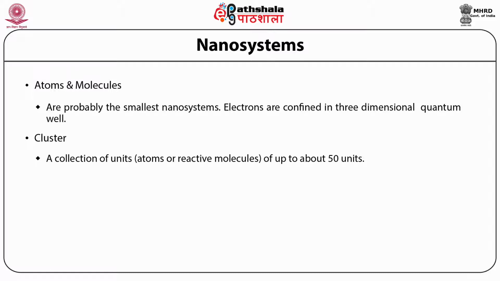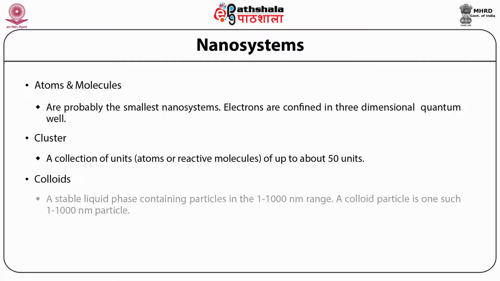The third nanosystem which we are going to discuss is colloid. A stable liquid phase containing the particles in the 1 to 1000 nanometer range. A colloid particle is one such 1 to 1000 nanometer particle.